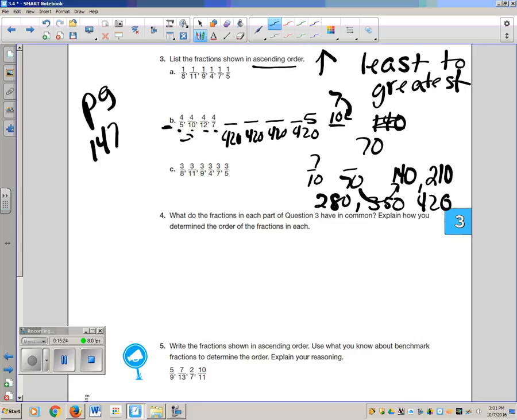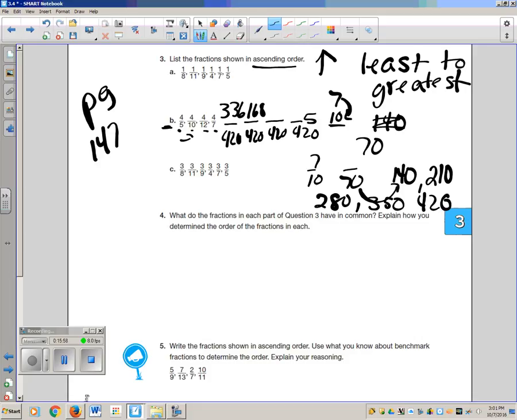Now you have to change all your numerators. So 420 divided by 5 is 84. 84 times 4 is 336. 4/10. 42 times 4 is 168. 4/12. 420.